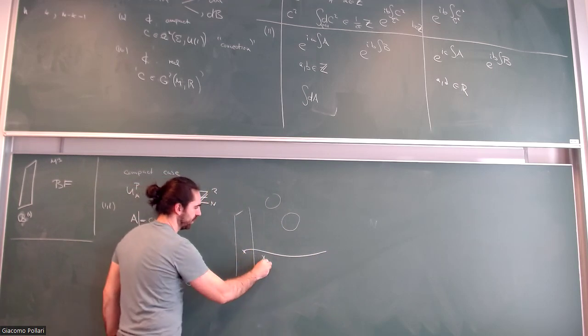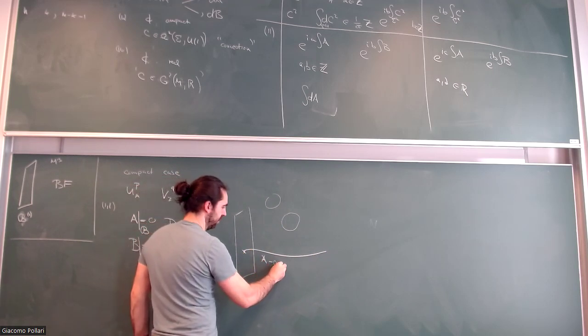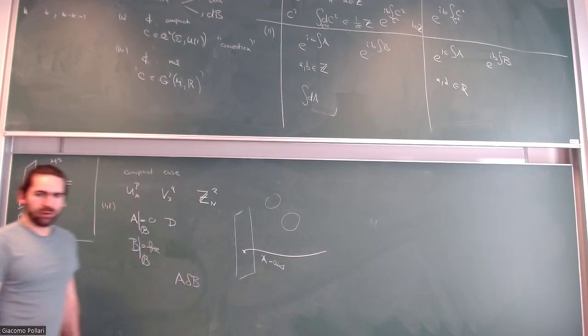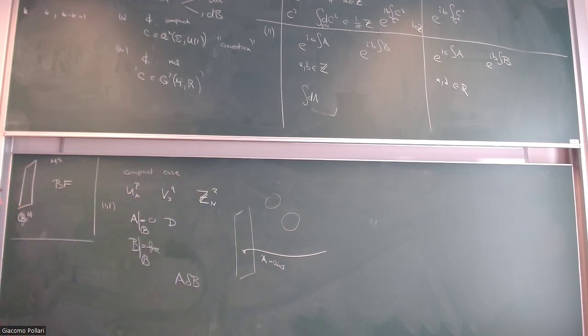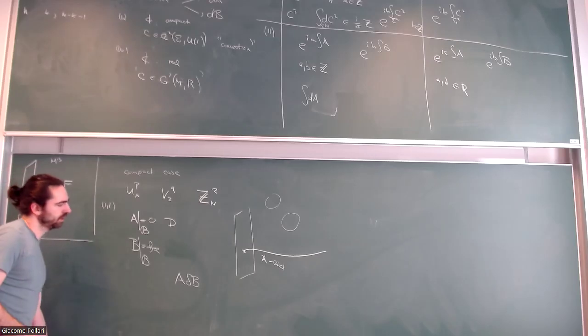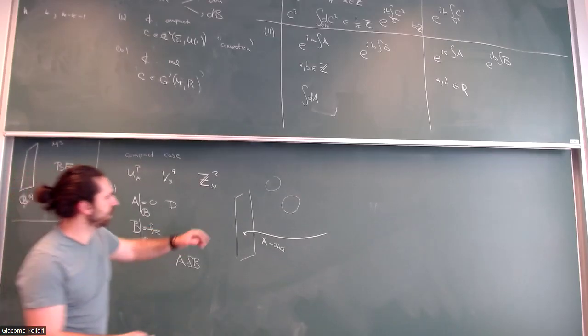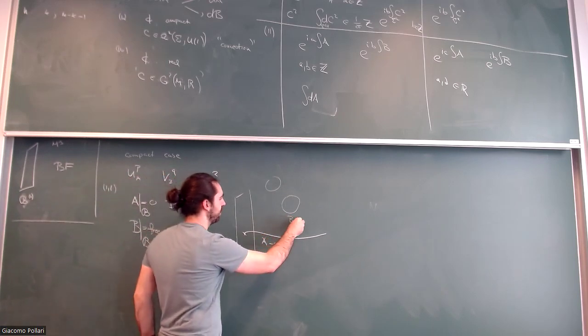So these are A lines. They are the A lines, and B lines are just like that. Lines.